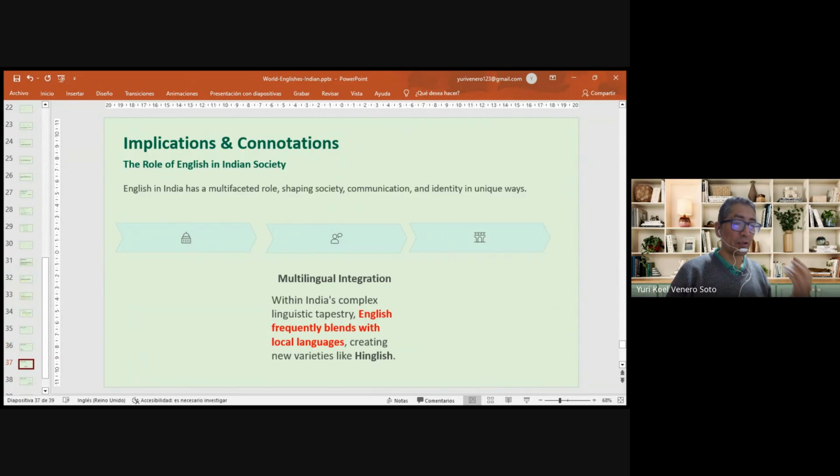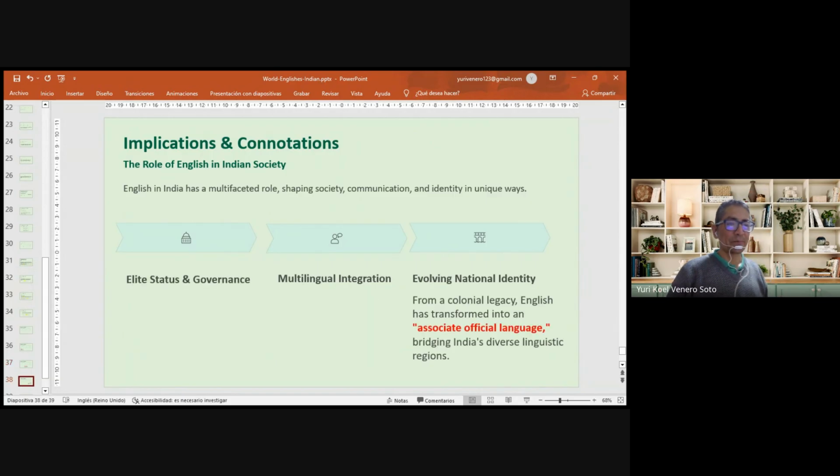Now, multilingual integration: as it happens in other parts of the world, for example in South America, Spanish melts with the local languages. It happens in India. So English blends with local languages, creating new Englishes. Finally, the national identity includes English.